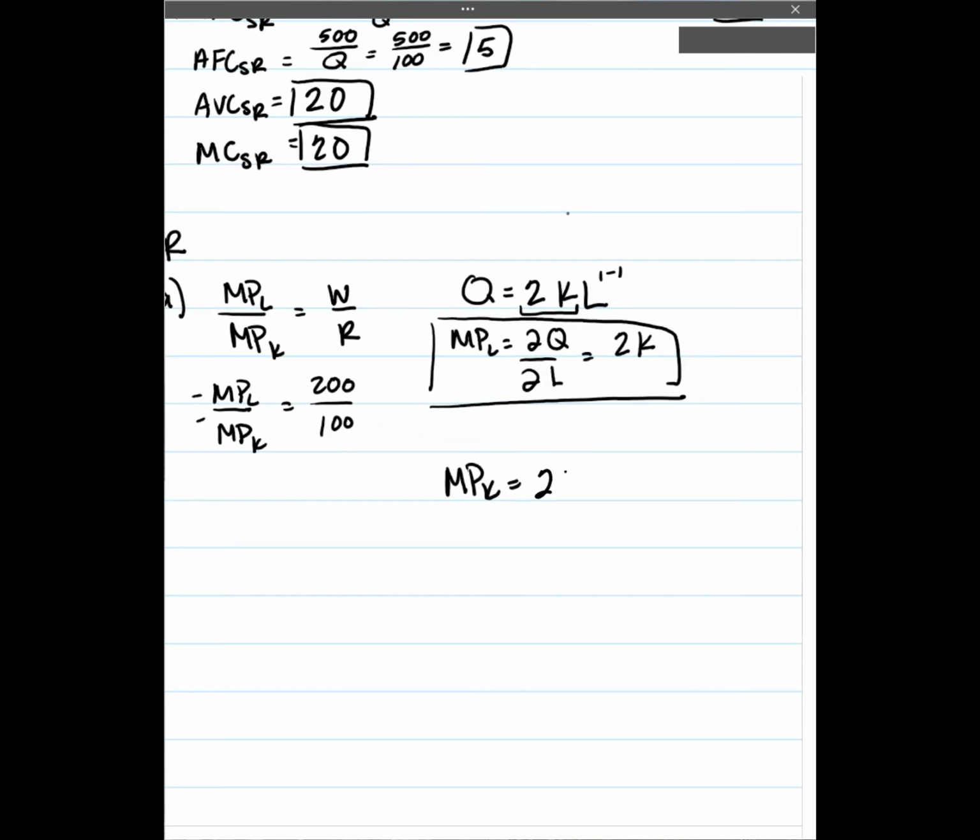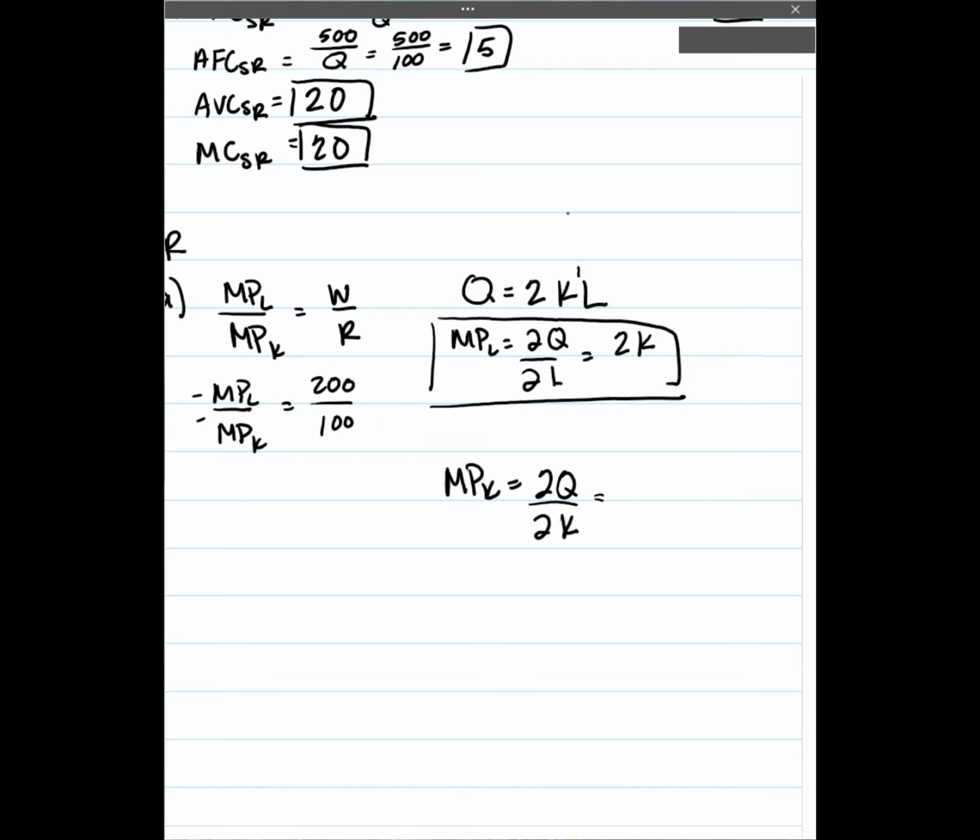Turning to the marginal product of capital, it's the partial derivative of quantity with respect to capital. So we're looking at how output changes when only capital changes. Now we're treating 2 and L as our constants, and we're going to see how variation in K impacts output overall.